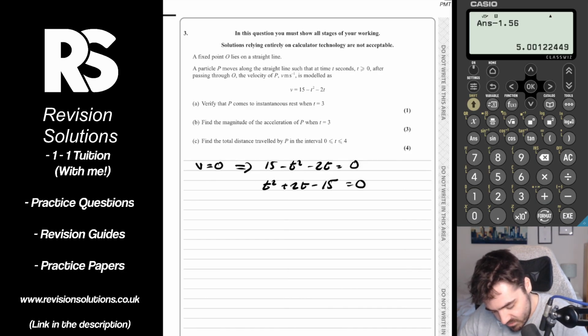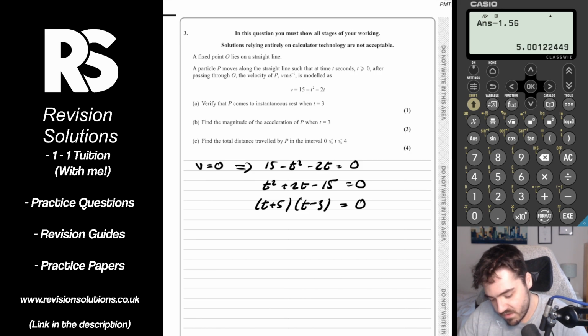And that actually factorizes quite nicely. We could factorize that as t plus 5 and then t minus 3, which gives us solutions of t equals minus 5, but that's outside the scope of the model because t needs to be positive. So the only acceptable solution would be t equals 3, and it's measured in seconds, so t equals 3 seconds.